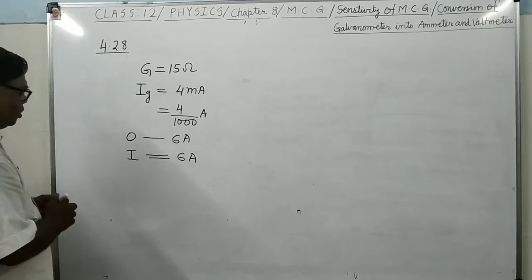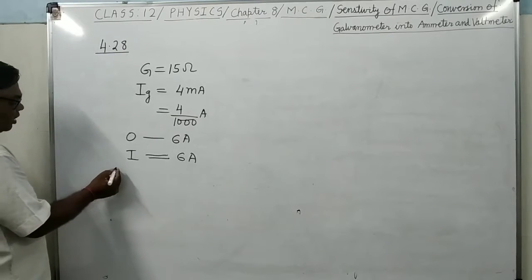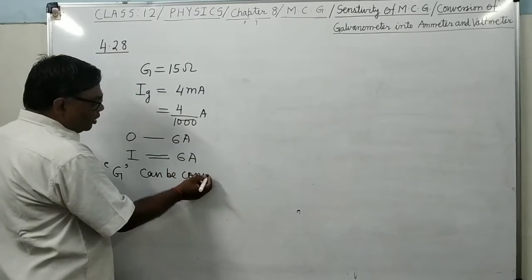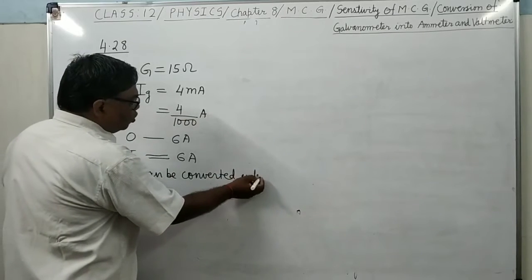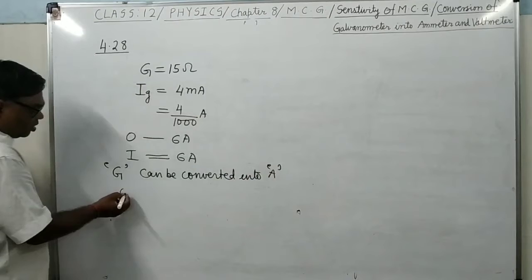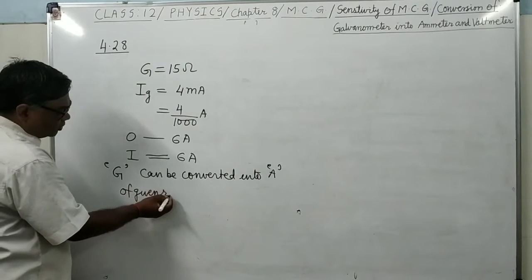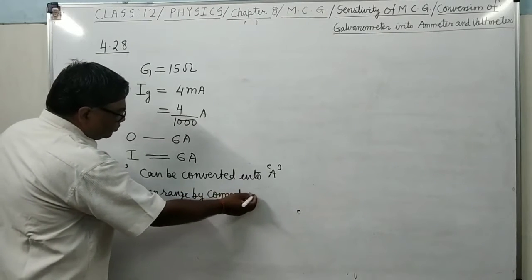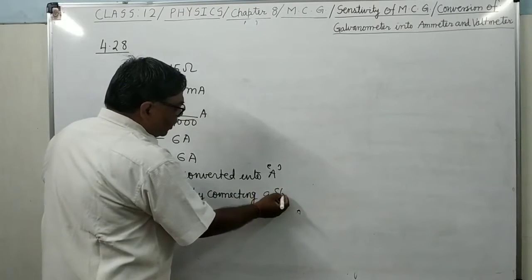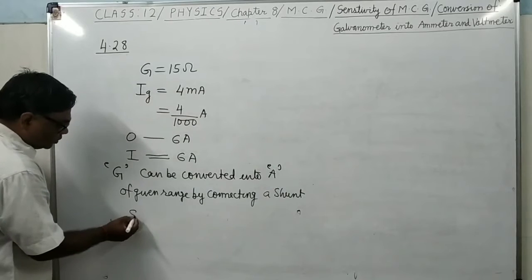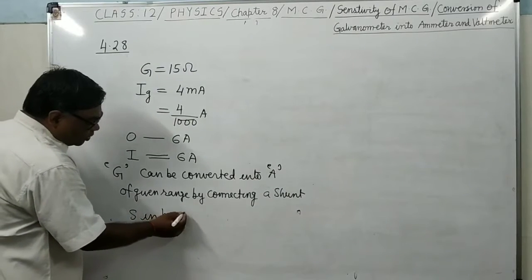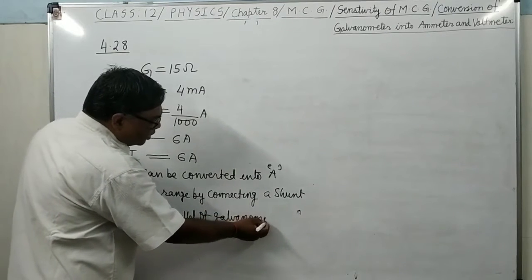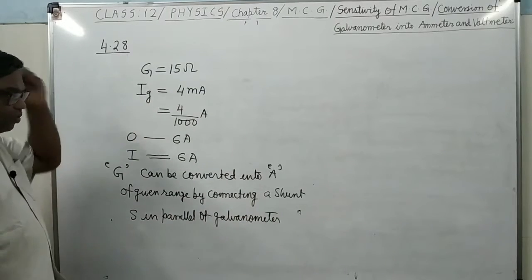I am writing here: galvanometer G can be converted into an ammeter of given range by connecting a shunt S in parallel of the galvanometer. It is clear.